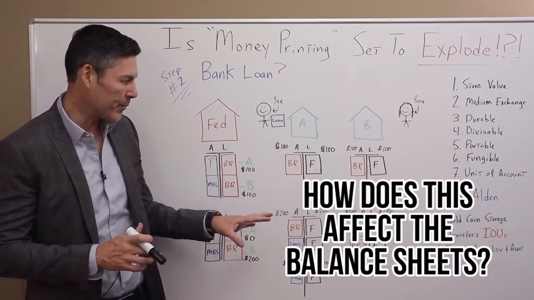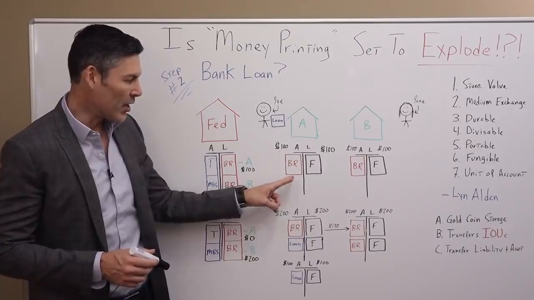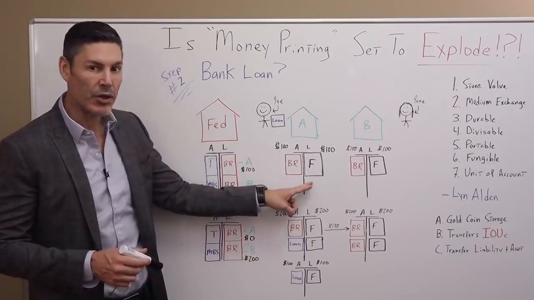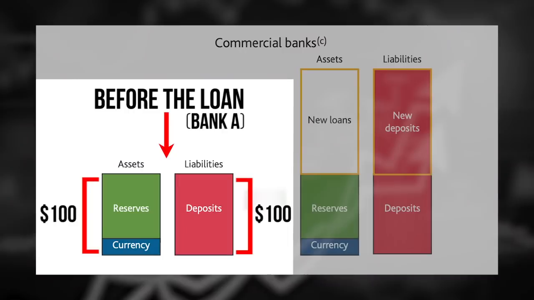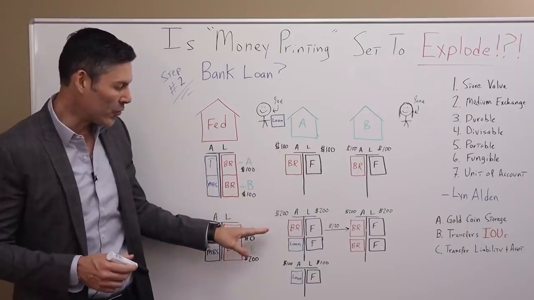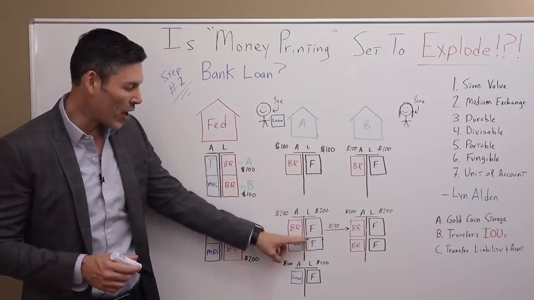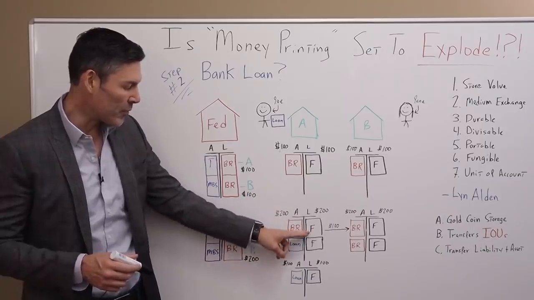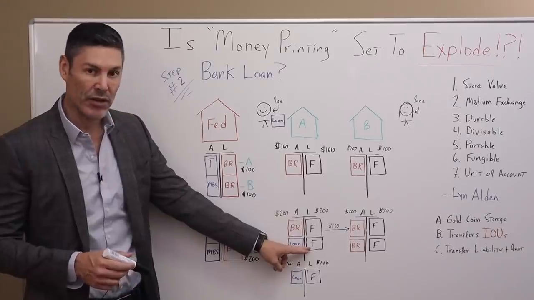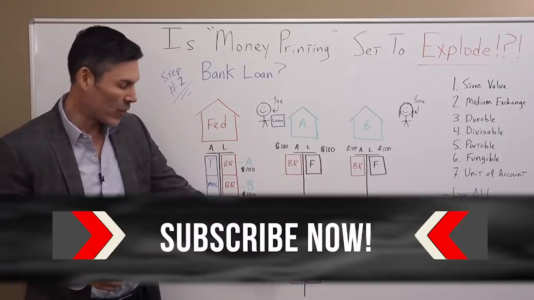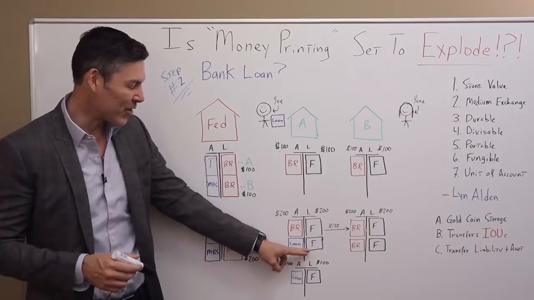What goes on here? Bank A started with $100 in bank reserves and $100 in IOUs to Joe. After the loan was done, Joe now has $200 in IOUs from the bank, $100 that he had originally, and 100 extra dollars, or Fugazis in this case, that he got as a result of the loan.